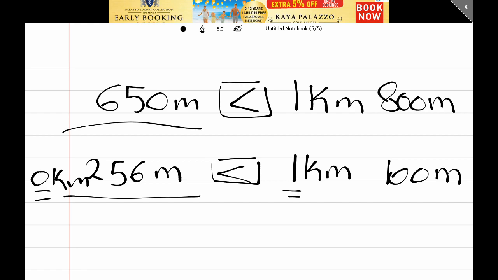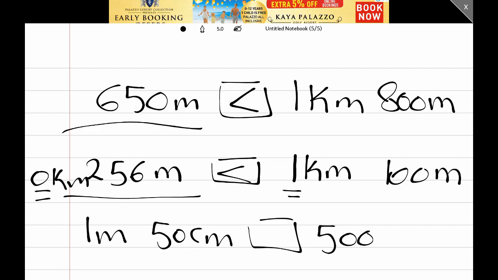Now, if we have one meter, 50 centimeters, or 500 centimeters. Here we used to convert units so that we can compare, right?